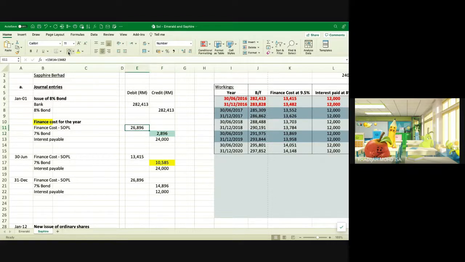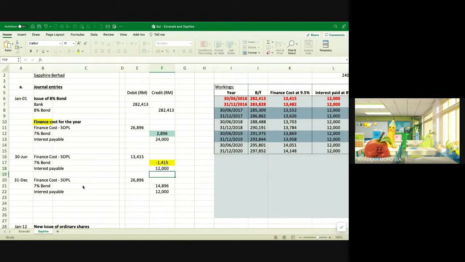So this one is instead 2896. I would put this one as 13415, plus this minus this one. So this one should be 12,000, if I were to write.